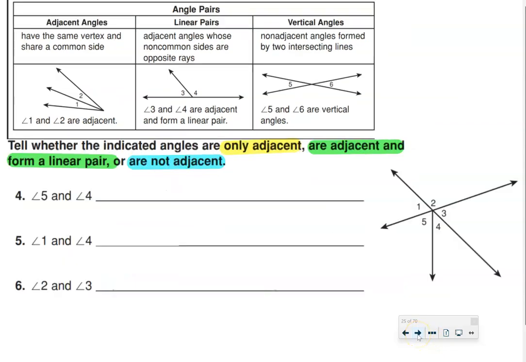All right, let's see what we got next. So I still got the angles up here. Take a look and see if you can tell which one's only adjacent, adjacent and forms a linear pair, or not adjacent. Okay, let's start with 5 and 4.